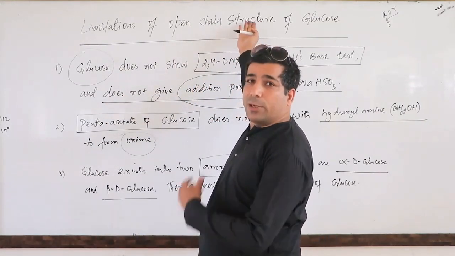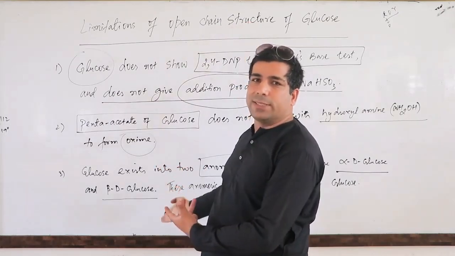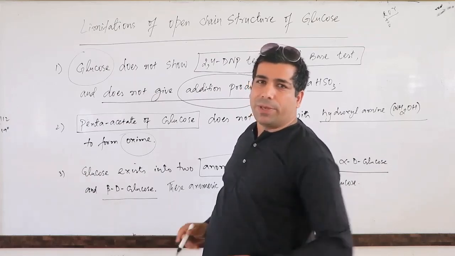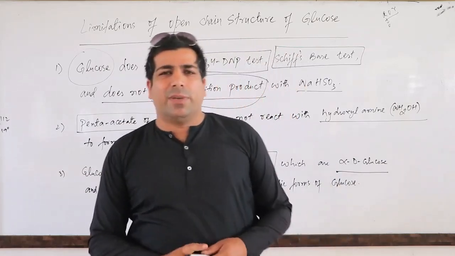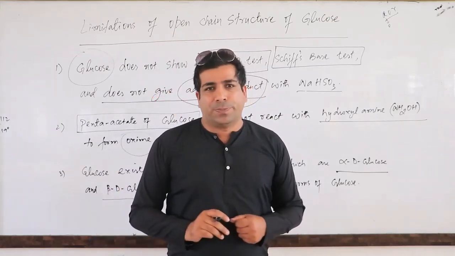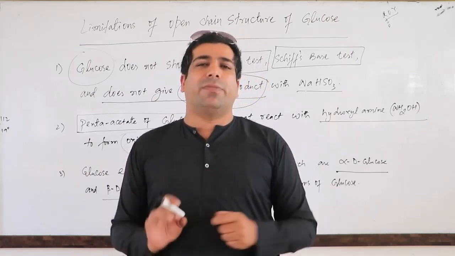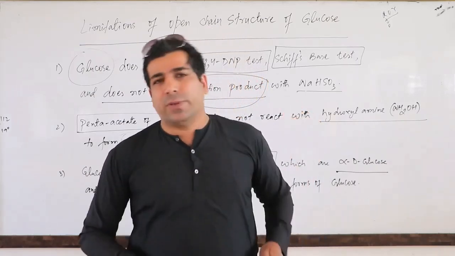We say that glucose exists into this open form, but in actual sense it exists into alpha and beta form. And remember, this alpha and beta form are the crystalline forms of glucose, and they are optically active. Alpha and beta forms are crystalline forms of glucose.